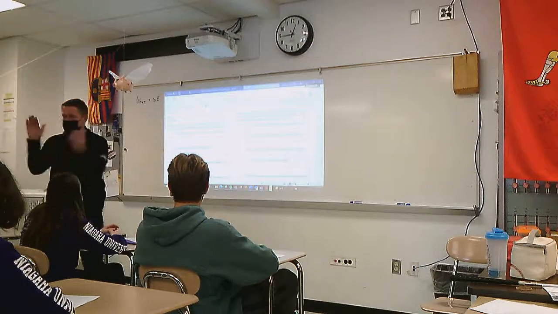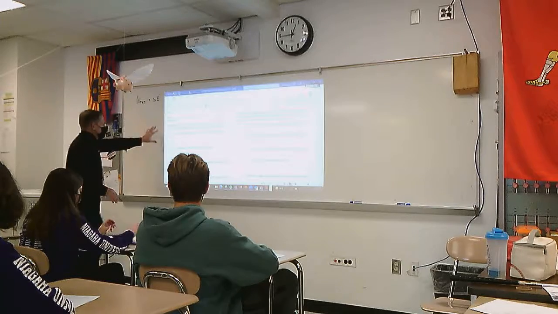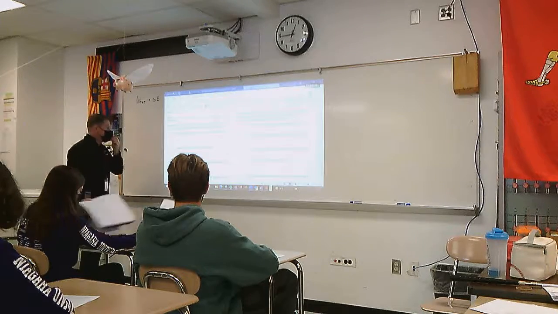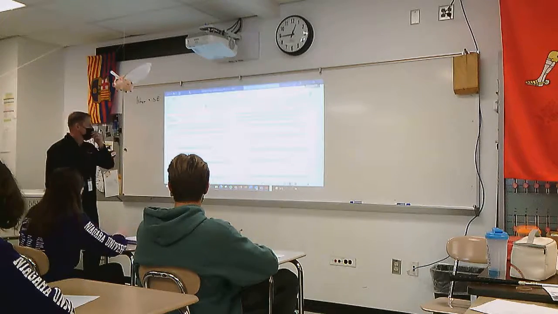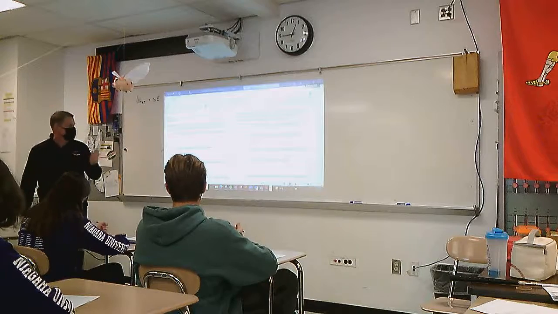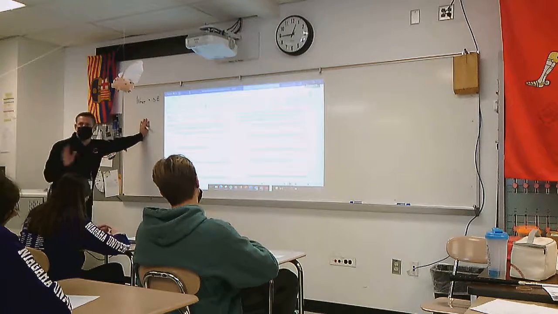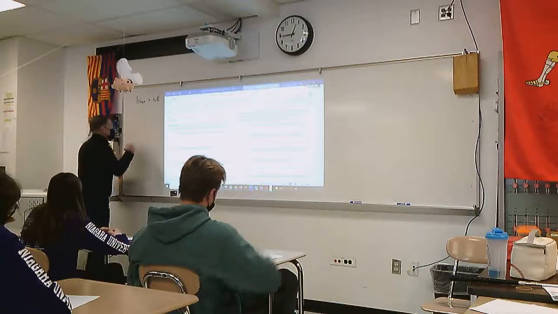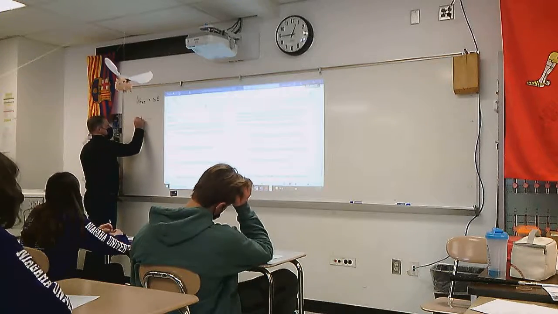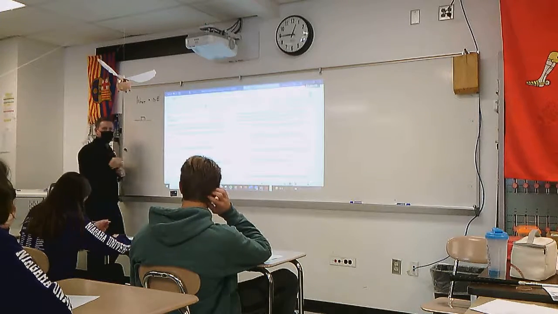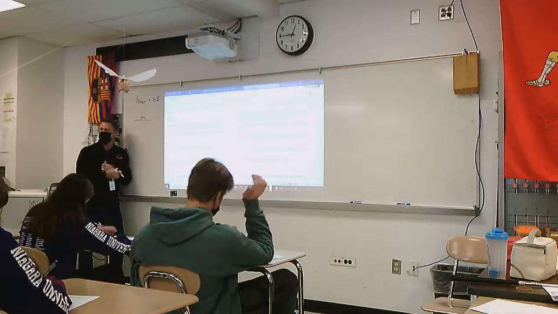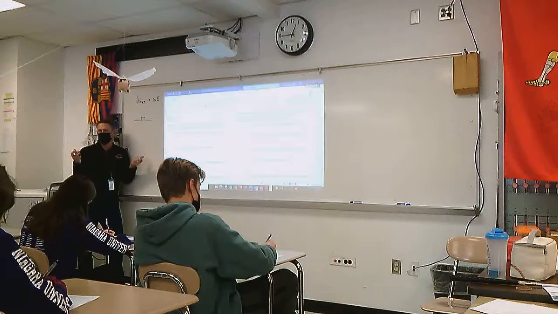All right? So, Justin pushes a 4-kilogram box along a frictionless surface with a horizontal force of 12 newtons as the box moves along the floor a total distance of 6 meters. Now, we're talking about work and energy, but it's still probably a good idea to draw a force diagram of the forces acting on the box as Justin pushes it.